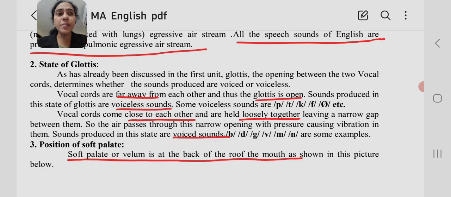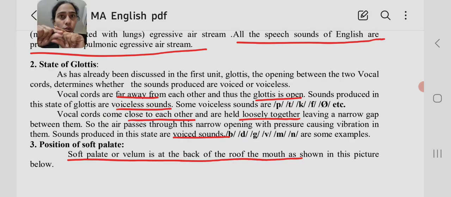When you are saying these, you can't feel any vibration at your Adam's apple. You know this is the Adam's apple, right? No vibration here. That's the simple explanation for voiceless sounds. You need to remember this terminology very well. Coming to the second option, the vocal cords come close to each other.